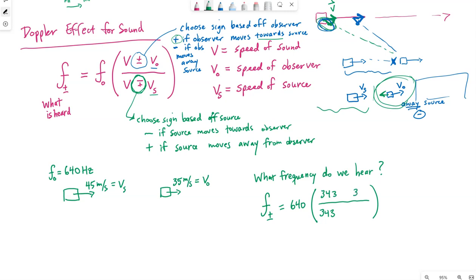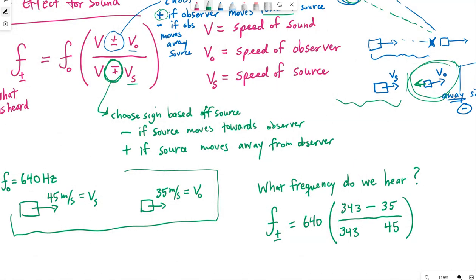So our speed as the observer goes in the numerator. The source's speed, the cop car, goes in the denominator. And then we need to choose the signs based off of, in the numerator, what the observer is doing. So in this exact situation right here, we are moving away from the source.